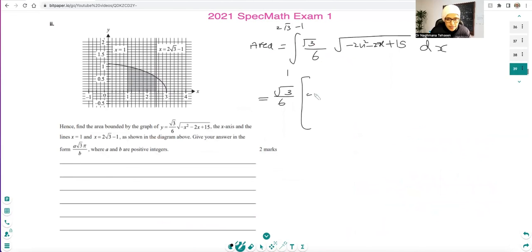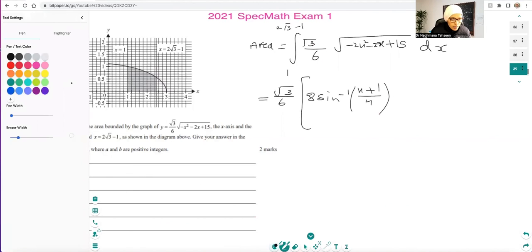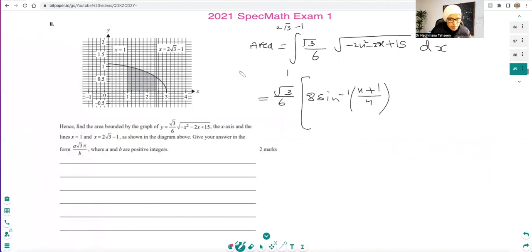What we get is 8 sine inverse x plus 1 over 4. What we did is, I'll write it down, we are using part C1. So that will give me x plus 1.